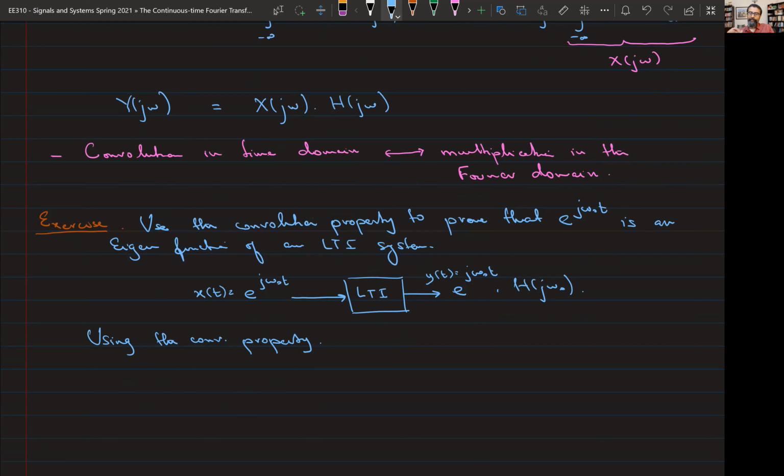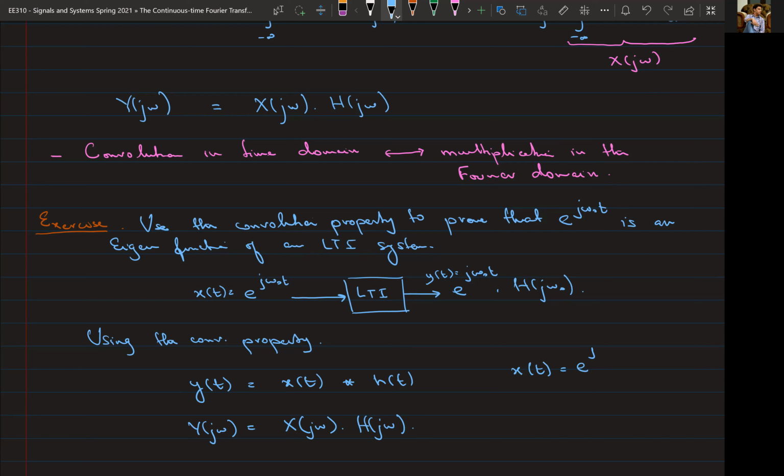I'm saying if you know the convolution property, that if y of t equals x of t convolved with h of t, then I know that y of j omega is the same as x of j omega times h of j omega, right? Now I'll take x of t to x of j omega, and e to the power j omega naught t will come, so wouldn't that be the proof?